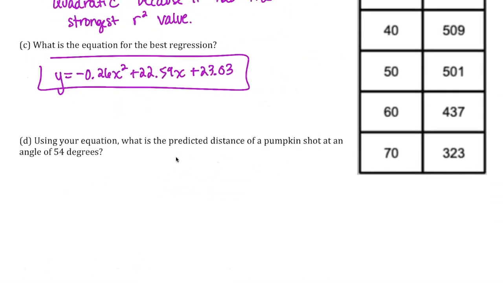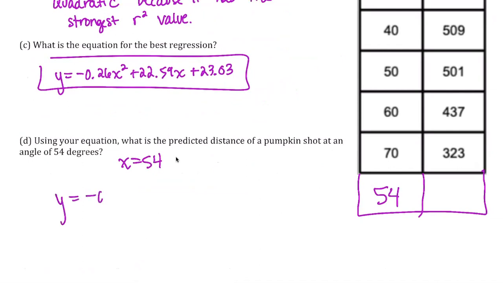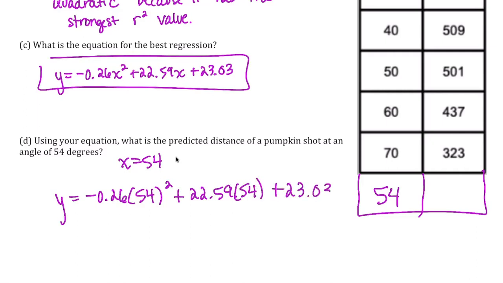So for here, it says, using your equation, what is the predicted distance of a pumpkin shot at an angle of 54? So here I know for a fact I can now calculate it. I'm saying if my angle is 54, which means I'm going to be plugging in 54 in for x, and we're going to solve. So y equals negative 0.26 times 54 squared plus 22.59 times 54 plus 23.03.